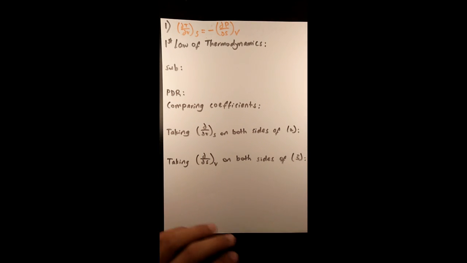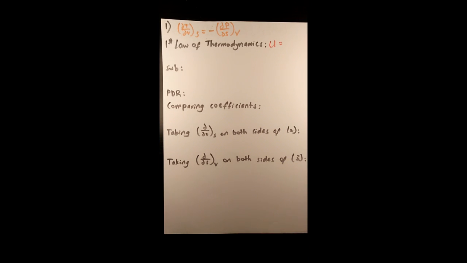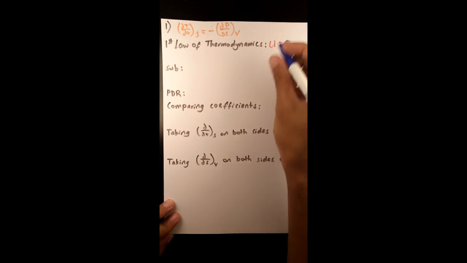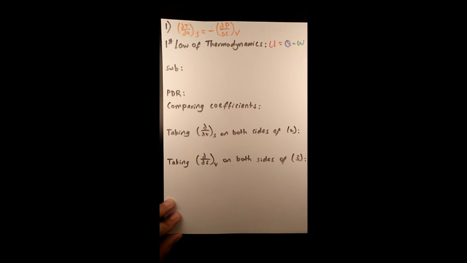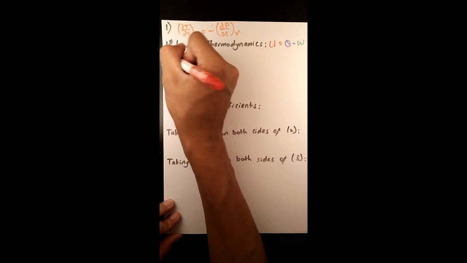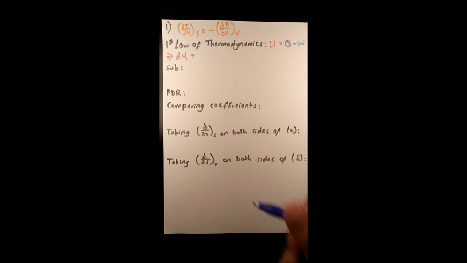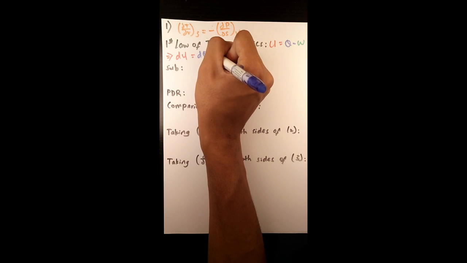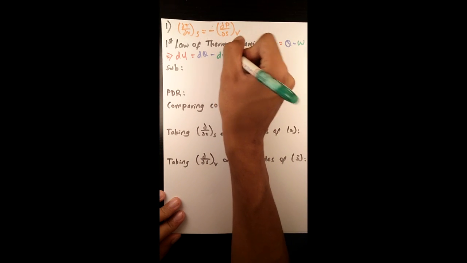By the first law of thermodynamics, we know that ΔU equals Q minus W. This implies that dU equals dQ minus dW.